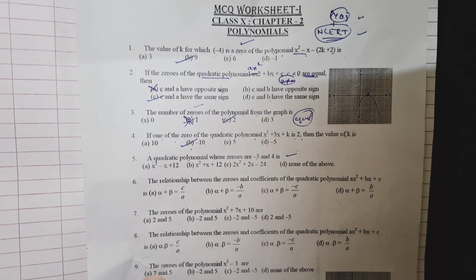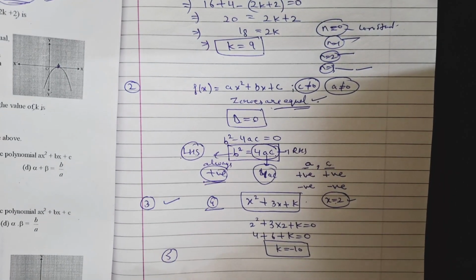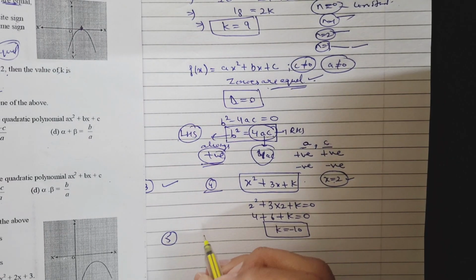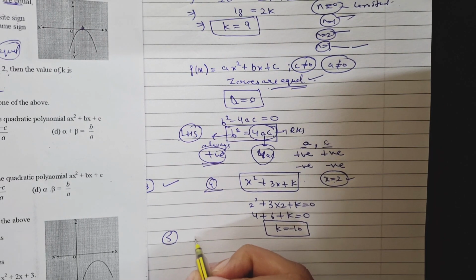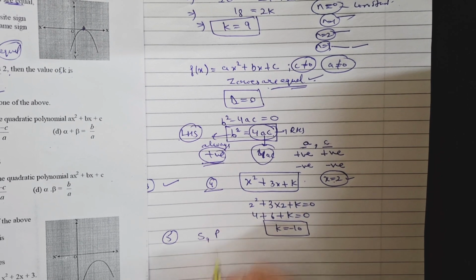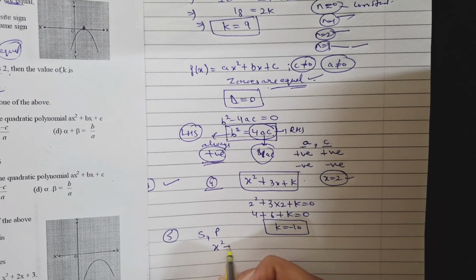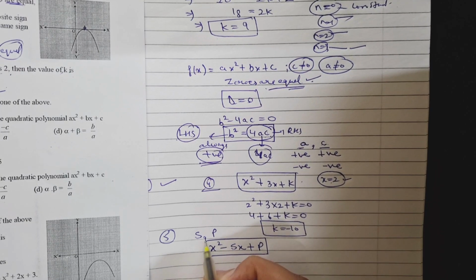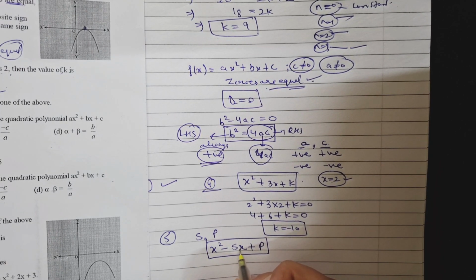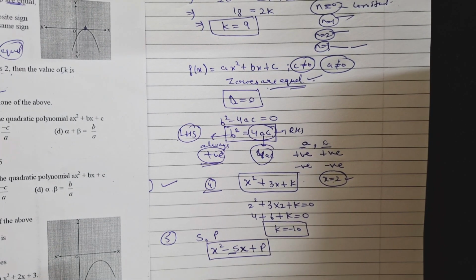And second option, you know from the fifth question that if the sum and product of a quadratic polynomial are given, we can make the polynomial. How? If sum is s, product is p, then the polynomial is x square minus sx plus p. It means the coefficient of x is minus s and the constant will be the product p.